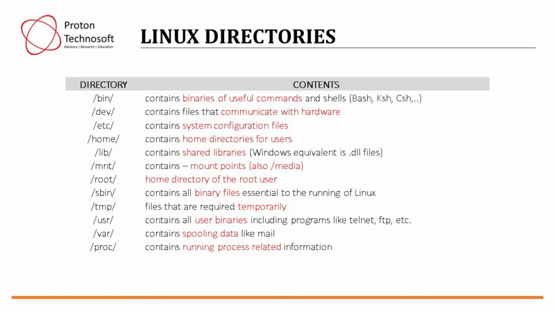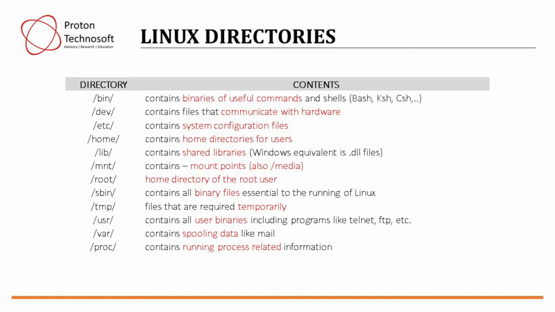So we have the bin directory, which stands for binary, and it has all the user commands that a normal user with a dollar symbol can execute. Similarly, we have the dev directory, which is the device directory, and that is the folder which contains all my device files. So for example, a mouse file, a hard disk file, a monitor file, a keyboard file. All these files will be stored under the dev directory.